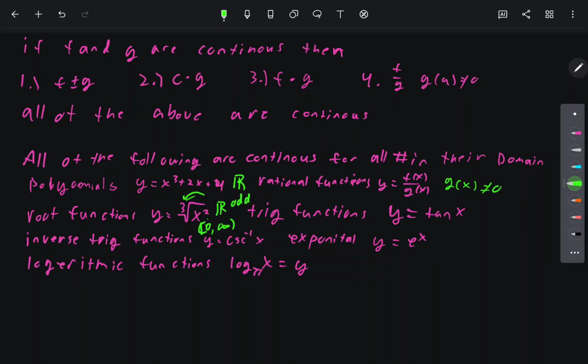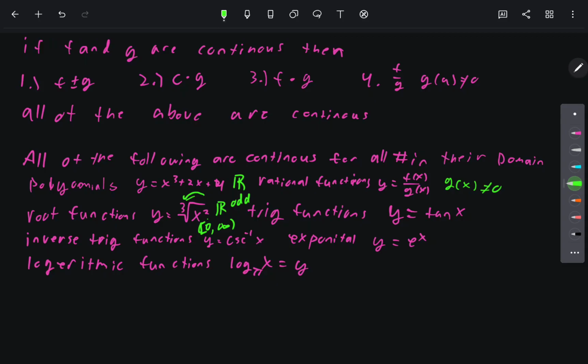And of course that domain, or where it's continuous, can change if you have a shift in your domain. Trig functions are always continuous as long as their denominator is never equal to 0. So that's primarily just for the tangent, cotangent, secant, cosecant, but cosine and sine are continuous for all real numbers. Going on, inverse trig functions are continuous for all numbers in their domain.